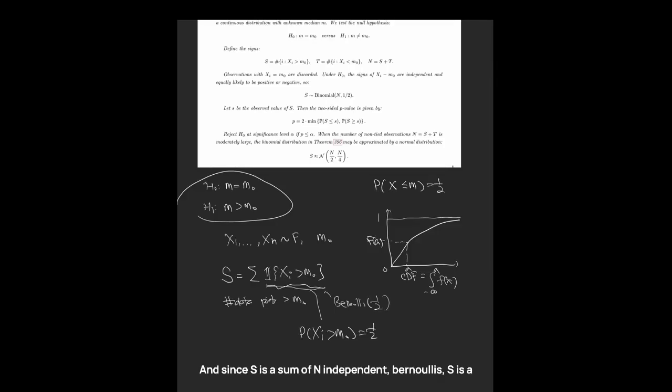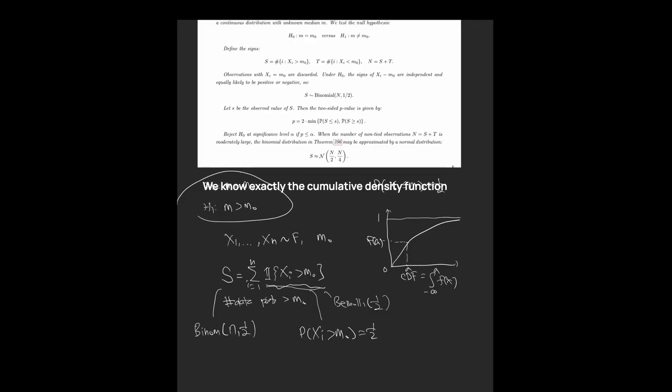And since S is a sum of n independent Bernoullis, S is a binomial distribution parameterized by n and p equals to half. And that makes perfect sense. We know exactly the cumulative distribution function or the mass function of a binomial distribution.